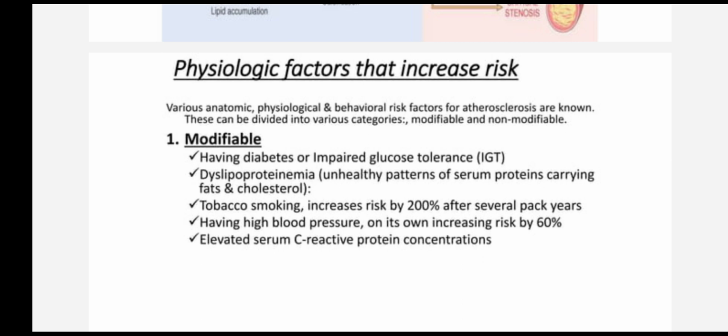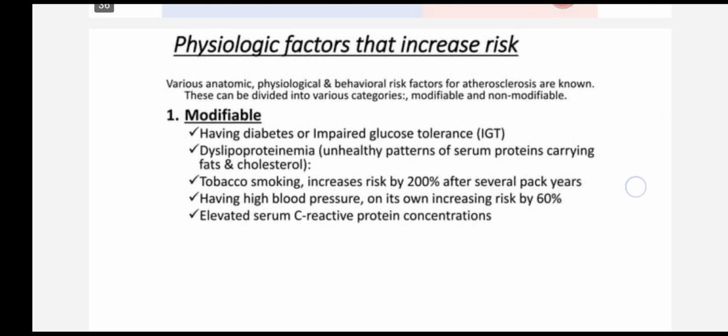Modifiable: having diabetes or impaired glucose tolerance, dyslipidemia, an unhealthy pattern of serum proteins carrying fats and cholesterol, tobacco smoking, increasing risk by 200% after several years, having high blood pressure on its own, increasing risk by 60%, elevated serum C-reactive protein concentration.